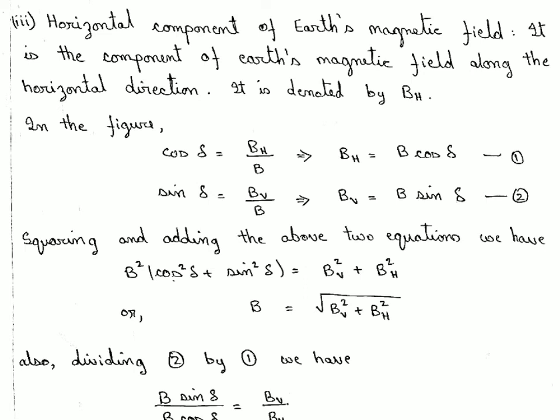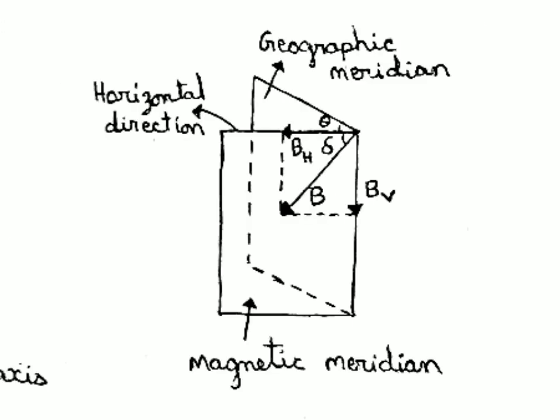Hence we can resolve the magnetic field into two components, the horizontal and the vertical component. Suppose at any place on the Earth, the magnetic field makes an angle delta with the horizontal direction. Then this magnetic field B can be resolved into the horizontal component, which is BH, and the vertical component, which is BV.